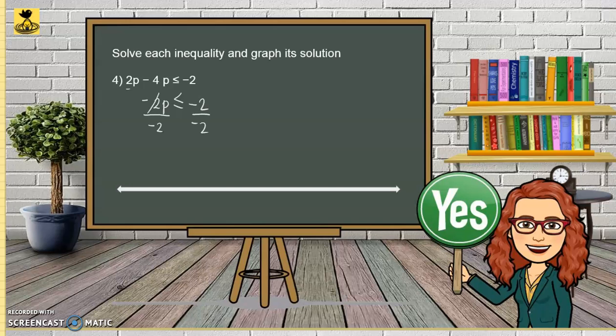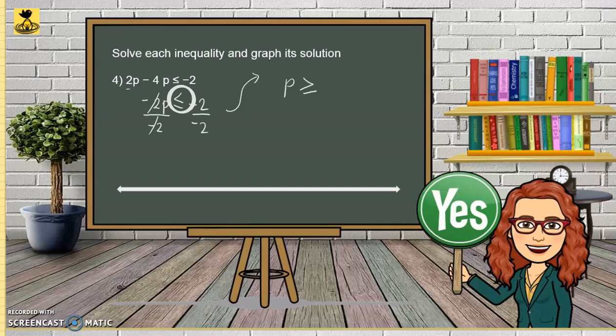And then we cancel out negative 2, negative 2. So p now is, okay, I want you to pay attention here. This symbol will be reversed. Instead of is less than or equal to, it will be greater than or equal to.